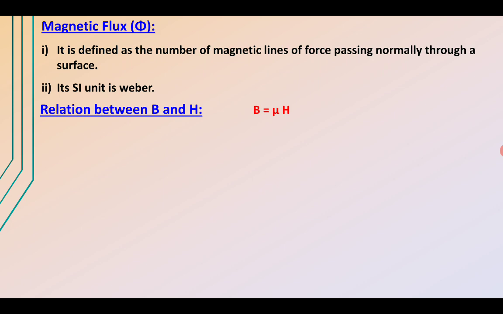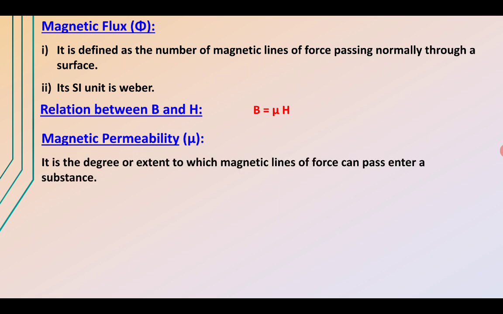Now another definition is magnetic permeability, that is mu. Permeability means we are permitting something. So it is the degree or extent to which the magnetic lines of force can pass through or enter a substance. Here the SI unit is Tesla meter per ampere or Weber per ampere per meter.